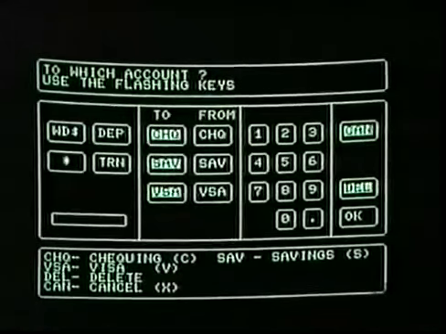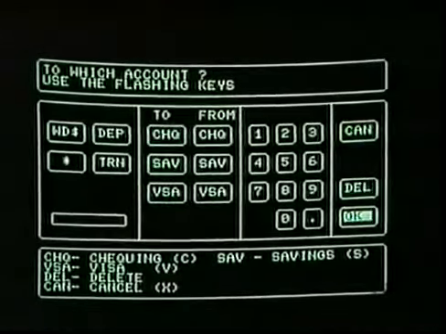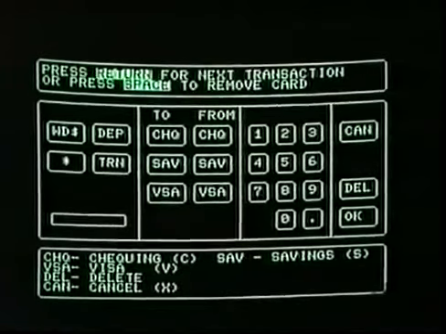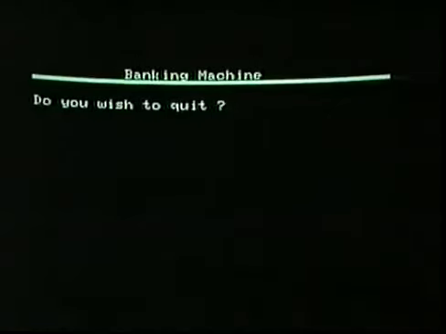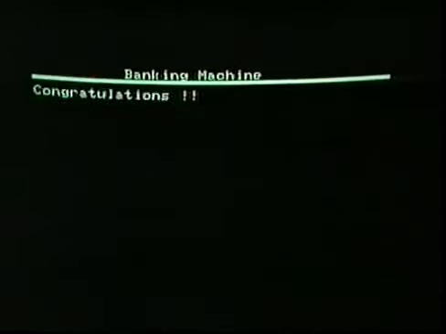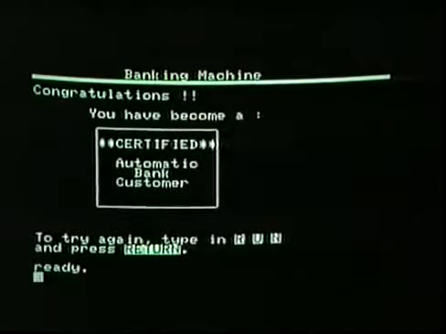I think we'll put it in the checking account. Please put the envelope in deposit opening. Okay. Envelope accepted. Thank you. Please wait. Okie dokie. Space bar. This program was designed especially for children in grades 4 and 5 because when they grow up, they may be doing a lot of their banking by machine. Well, I better quit while I'm ahead. Isn't that nice? I got congratulations.